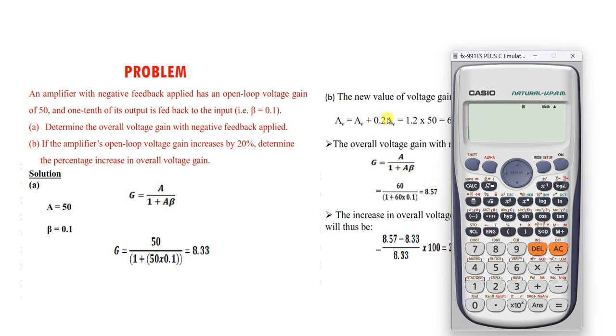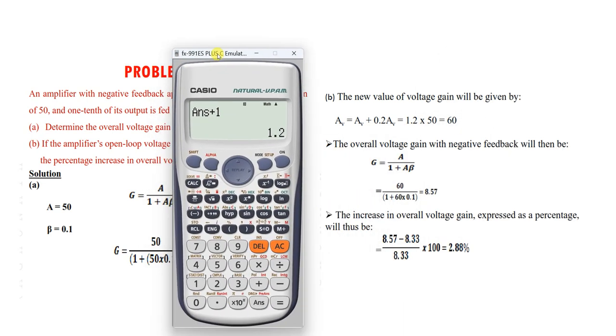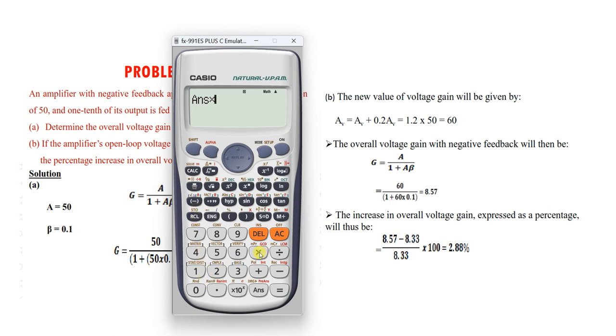So A V plus 0.2 A V is 1.2 A V. A V value is 1.2 into the original A V, which is 50, so it is increased to 60. Original gain is 50, now the new gain is 60.